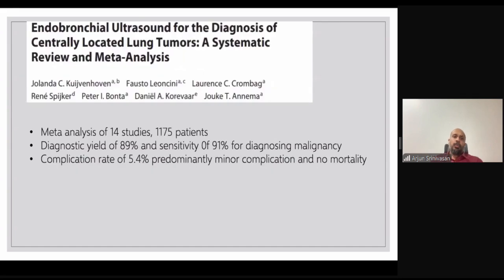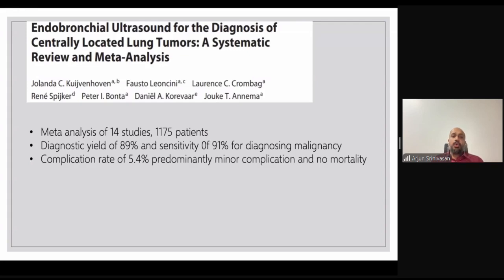And there are more than 14 studies with 1,200 patients, wherein the diagnostic yield is equivalent to or maybe even better than a CT guided biopsy for peripheral lesions, which is our main thing that we argue about with the radiologist when you're looking at why do you want to do a radial probe when you can do a CT guided biopsy.